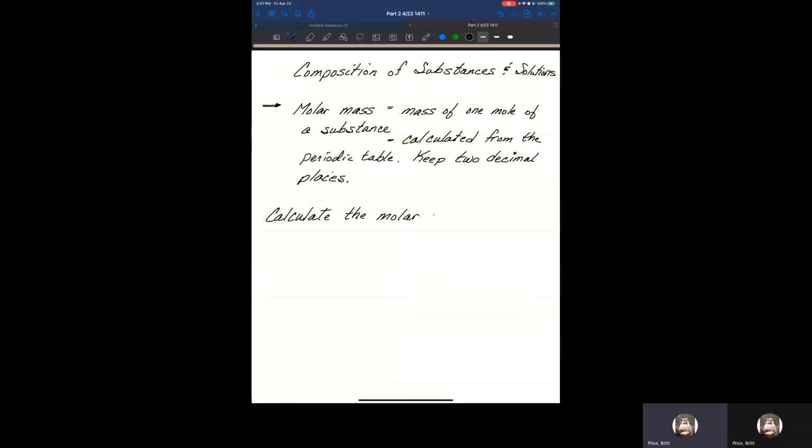Calculate the molar mass for malachite. And malachite is a relatively complex compound mineral.